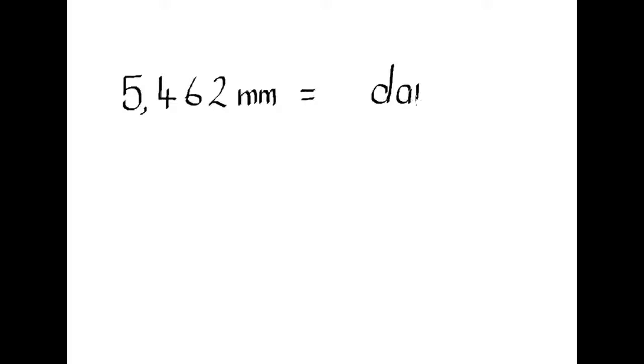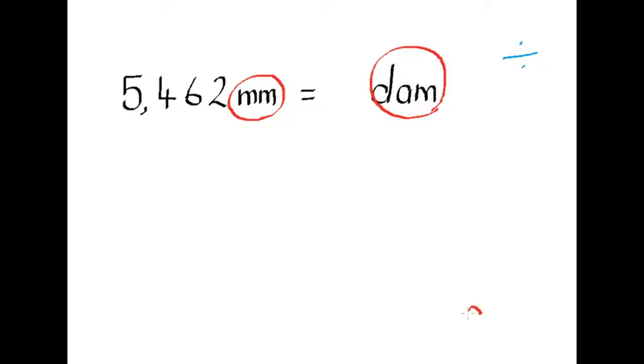Okay, this time we're going to go from small to big. What about 5,462 millimeters, and we want to write this in decameters? How do we do this? Well, we're going from small, which is millimeters, to big. So therefore, this time we're going to divide. Now let's have a look.